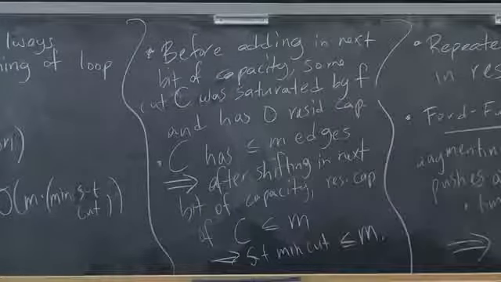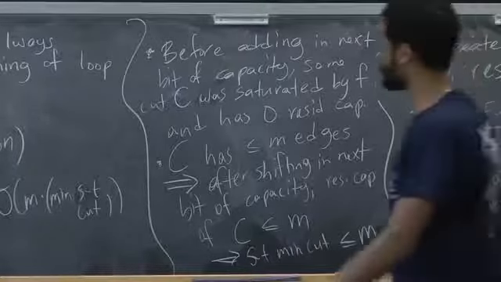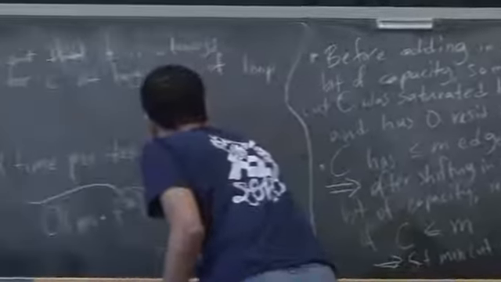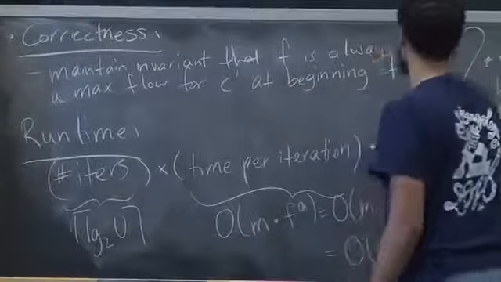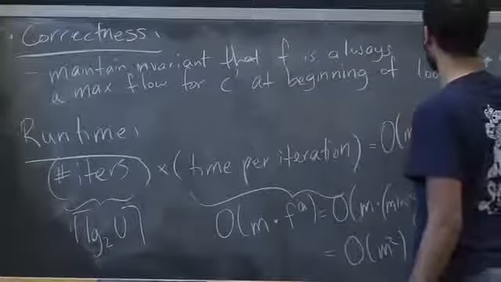Right? So overall, this thing we're saying is O of m squared. So this is O of m squared log u.